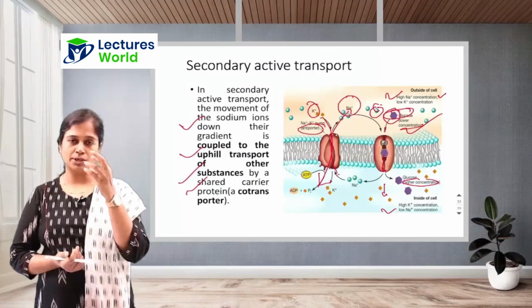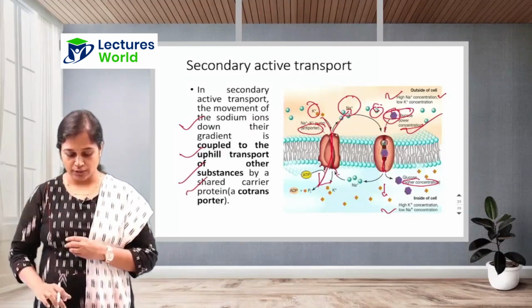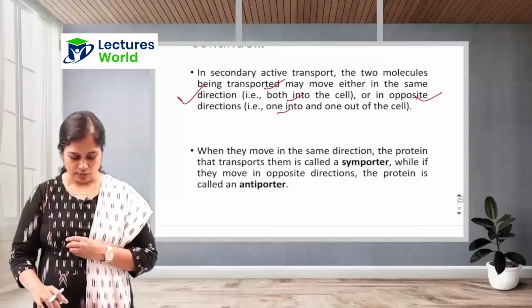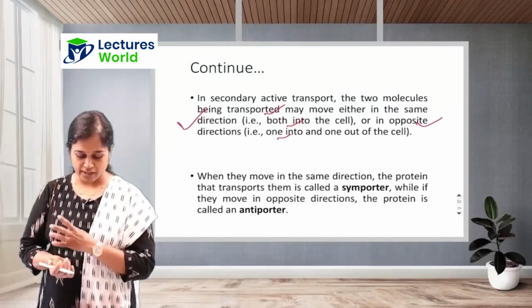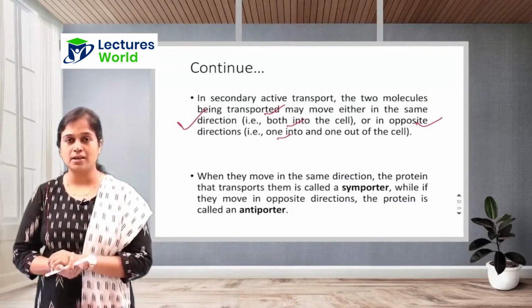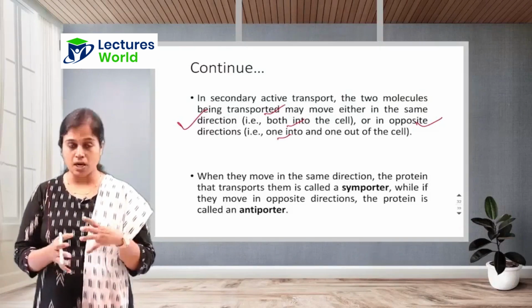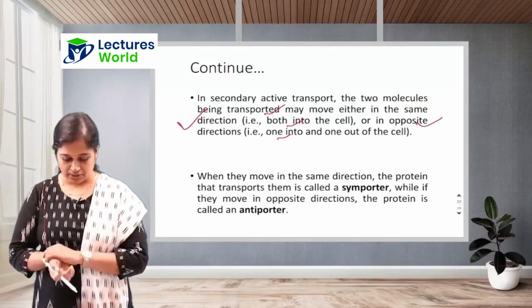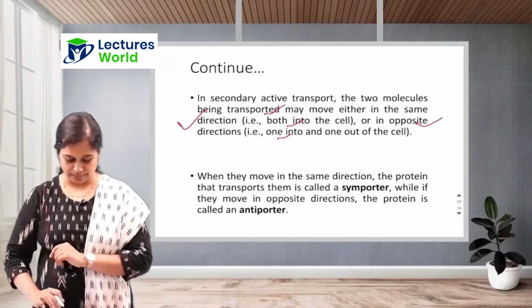That means one molecule comes inside, one molecule goes outside. So when they move in the same direction, the protein that transports them is called a symporter, while if they move in opposite directions, the protein is called an antiporter.